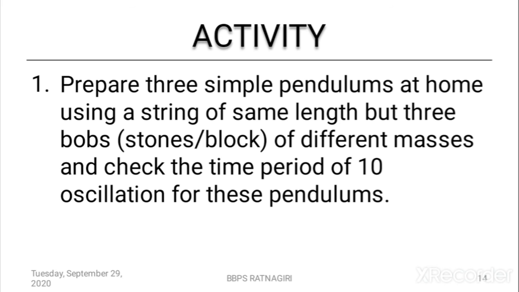When the 10th oscillation comes again to point A, at that time you have to stop the stopwatch and measure the time. Repeat this for the other pendulums also. Then take a photograph of whatever observations you get and send it to me. So that is the activity for you.